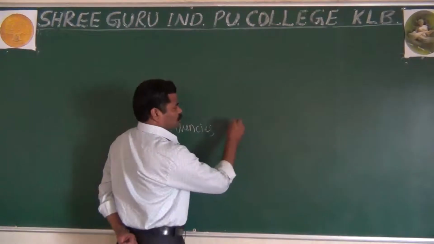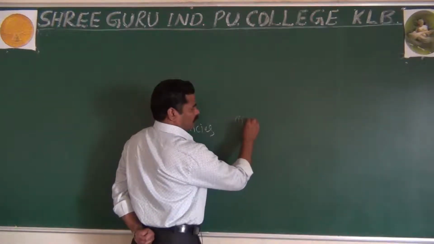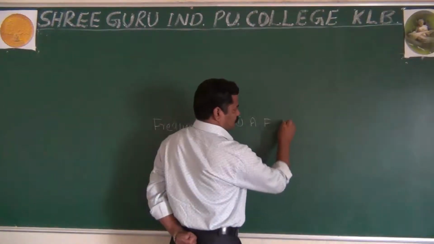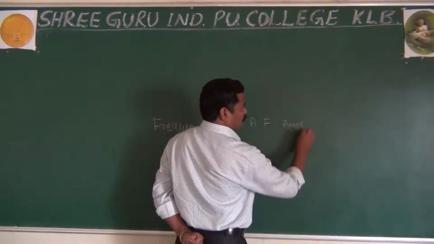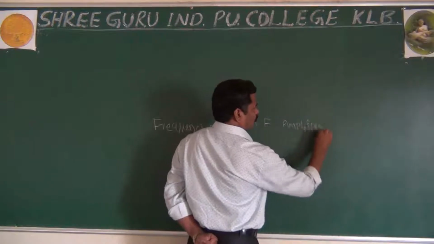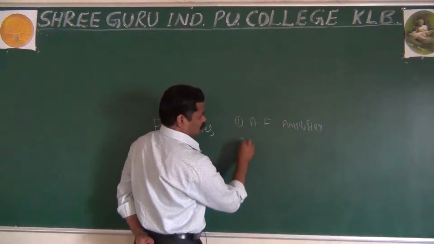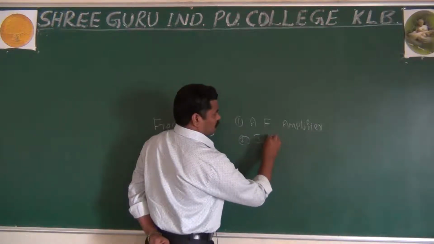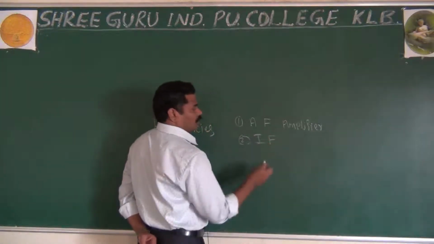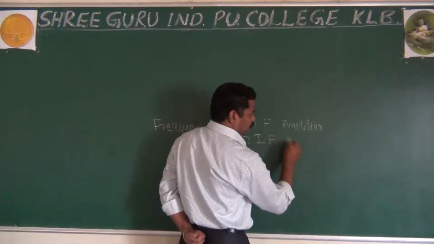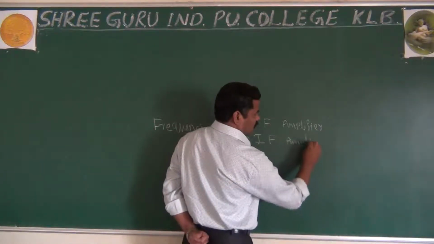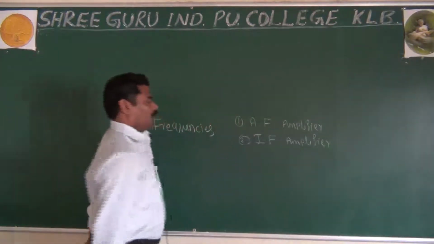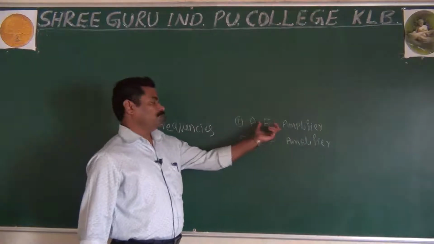The first one is AF amplifiers, and the second one is IF amplifiers. First I will write everything, then we will go for the explanation. AF is audio frequency amplifier.